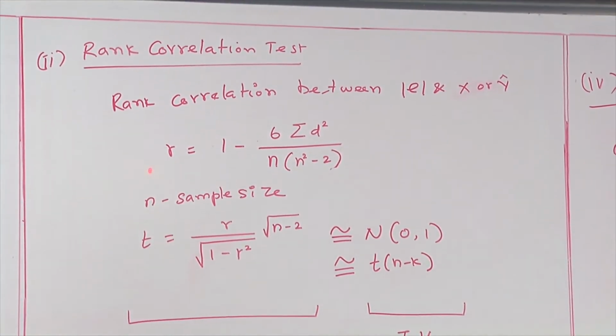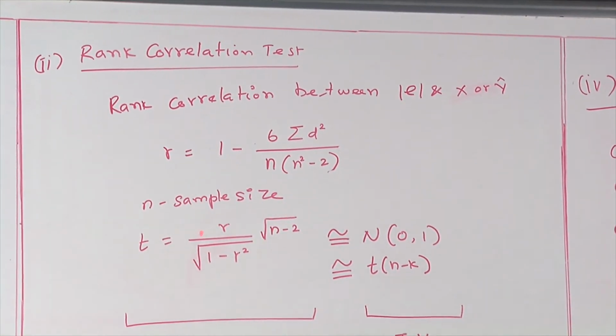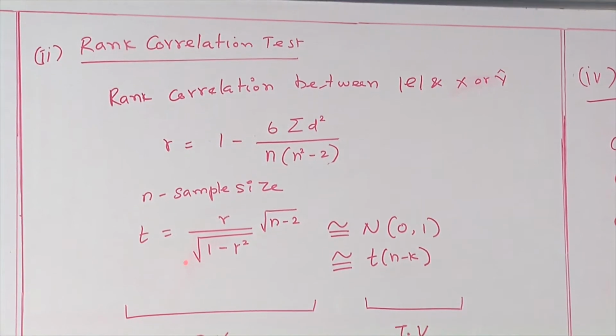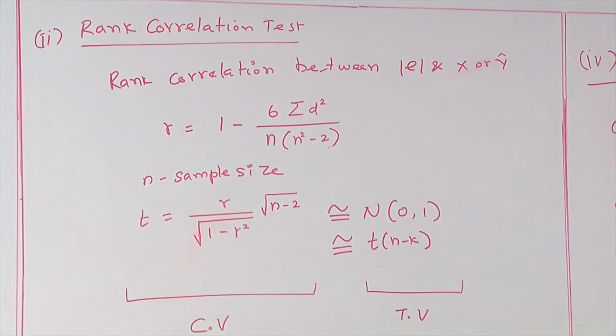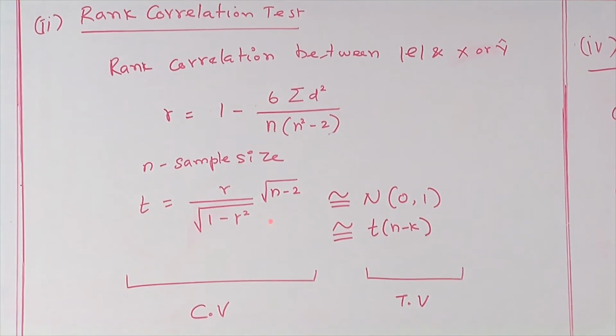After finding this rank correlation, we can construct a test statistic like this: R by square root of 1 minus R square, into square root of n minus 2.